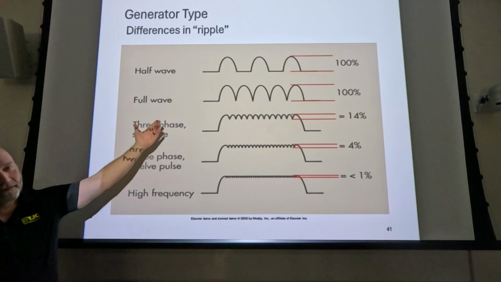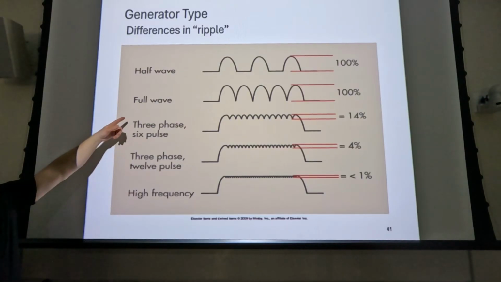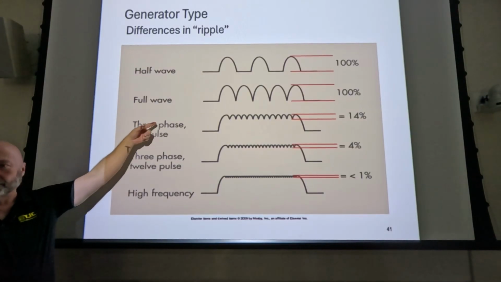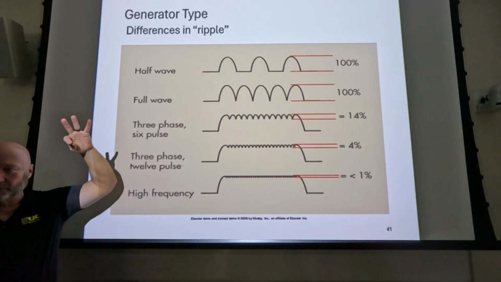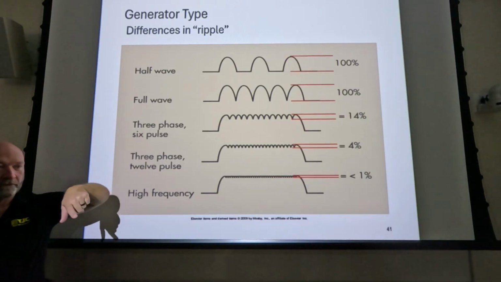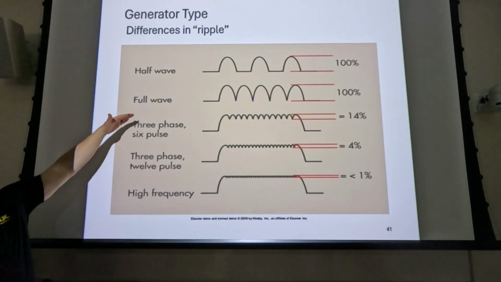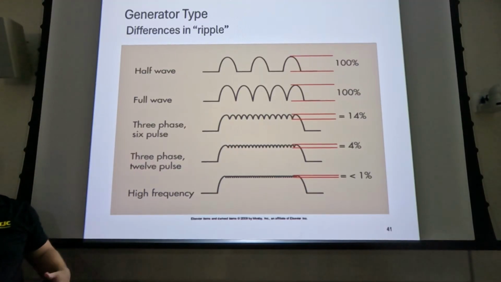And if you remember from last semester, you would think single phase to three phase would be a factor of 3. That would just make sense, wouldn't it? But no, it's a factor of 2, right? Once we go from single phase to high frequency, about 2.5.